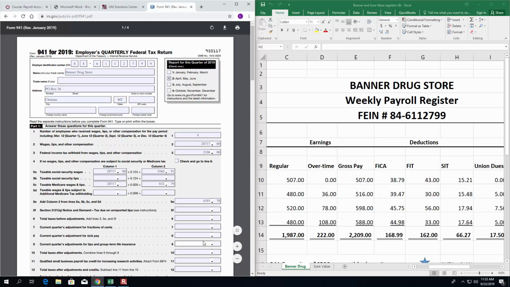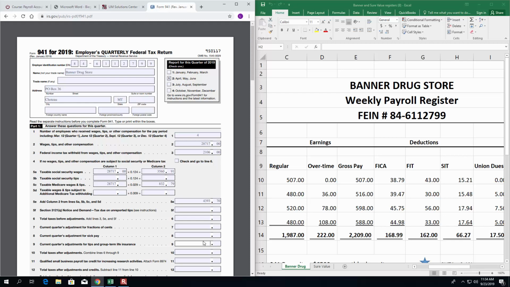So just looking at this, what do you think the employer is going to have to pay the IRS? What numbers from what we have here are they going to have to write a check for? Do they have to pay the $4,393.70? Sure, that's employee plus employer share.